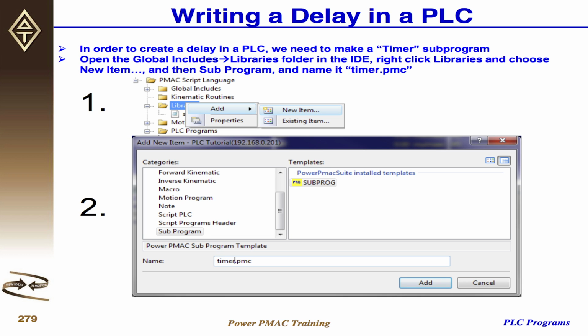Rename that to timer, and then open it. And then inside here, commented out is a timer subprogram. So you want to uncomment the timer subprogram and delete the rest of the junk so that all you have left is the timer section.